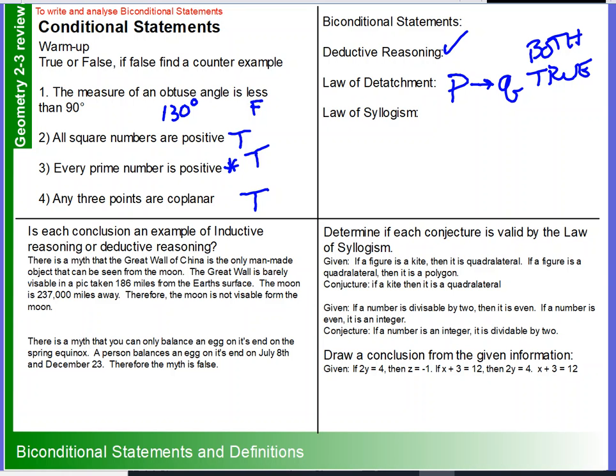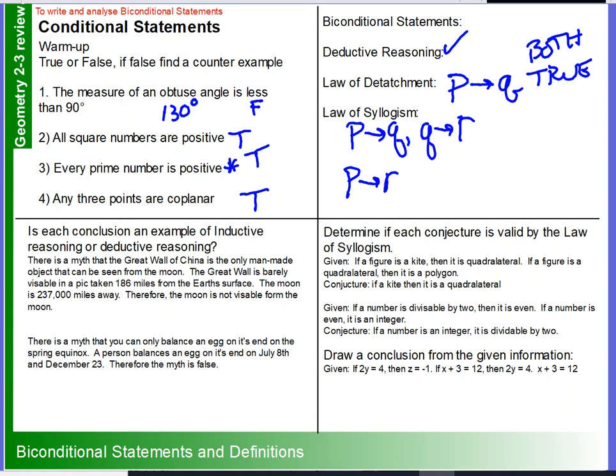And so, the law of syllogism says if P is true, then Q is true. If Q is true, then R is true. Therefore, if P is true, then R has to be true. So I'll say that again. If P is true, then Q is also a true statement.